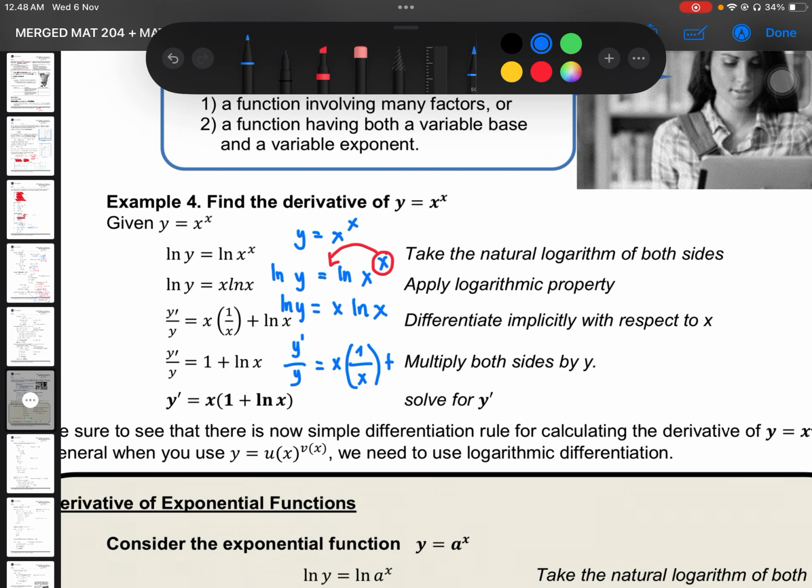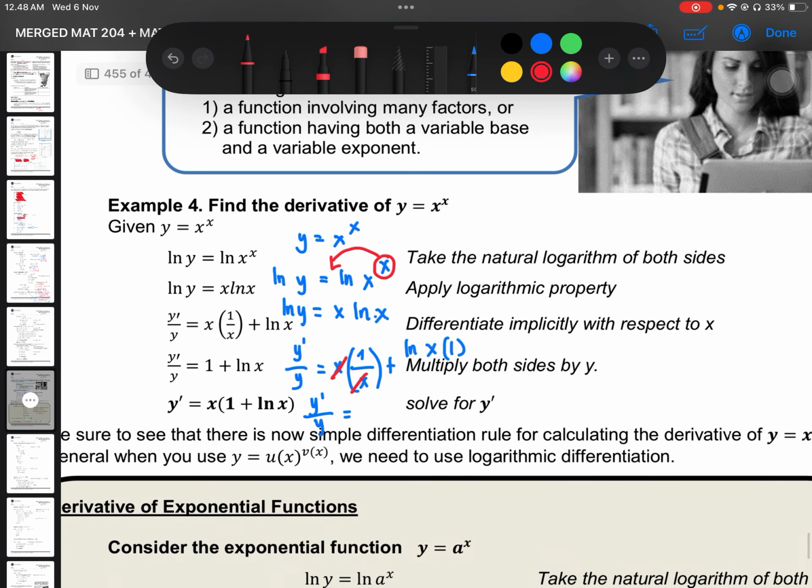Then, plus, si ln x naman ang ating constant. Then, derivative ng x is 1. Okay. So, by simplifying this, we have y prime over y is equal to, okay, this one. X, meron kang x sa labas, may x ka sa baba. So, cancel, cancel. Pero hindi yan makakancel as 0, ha? Magiging 1 to, diba? So, ibig sabihin, this is 1 plus ln x.